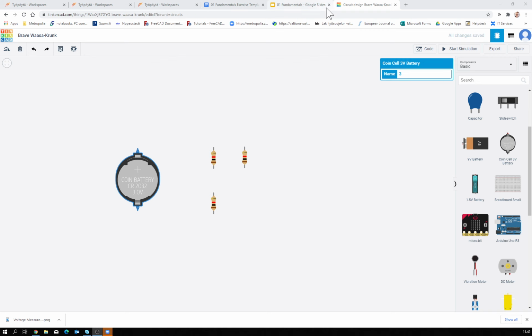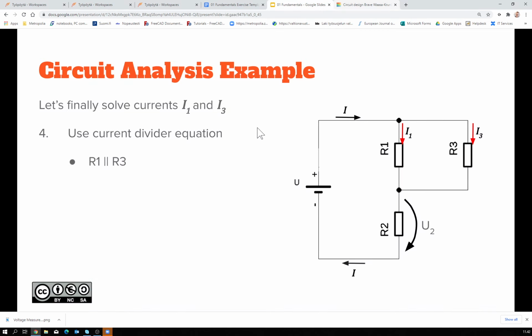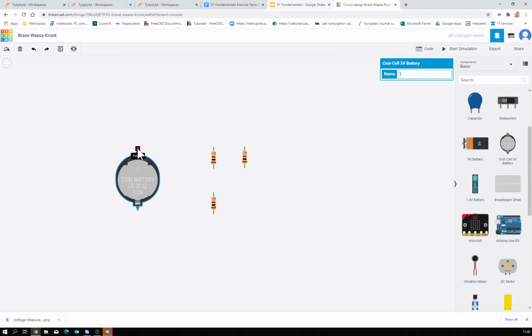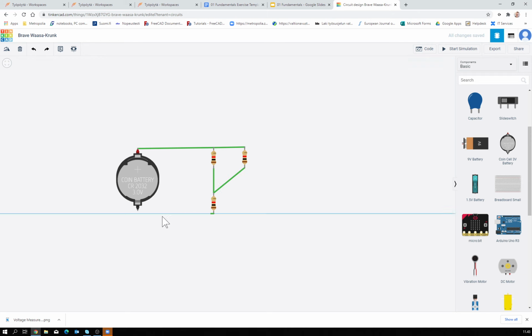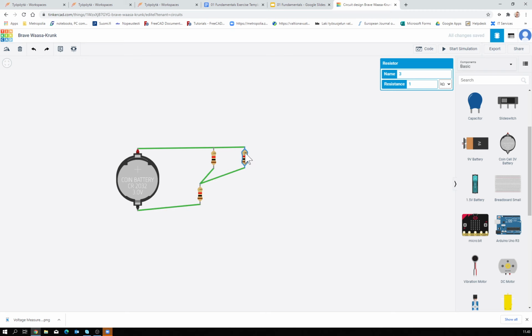Yes, thank you. So this circuit example in Tinkercad, you can connect only between terminals. If your picture looks like this, I will definitely give you a hard time.